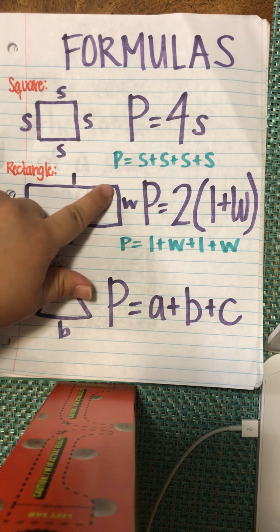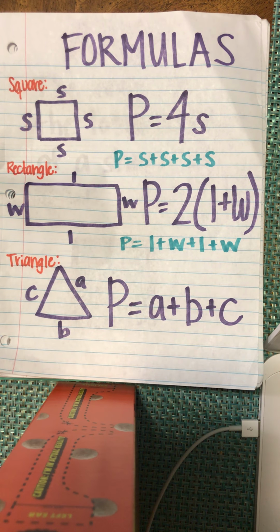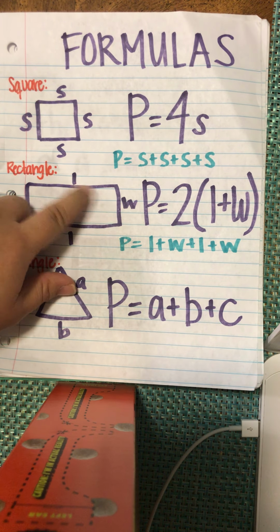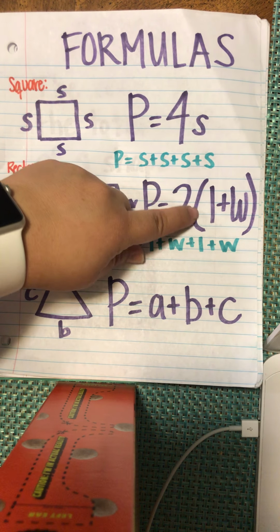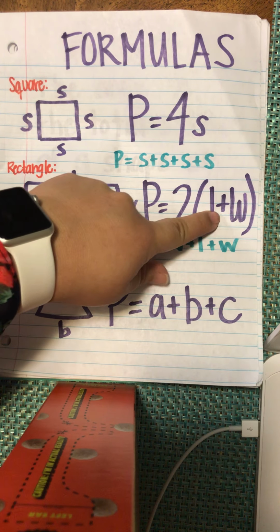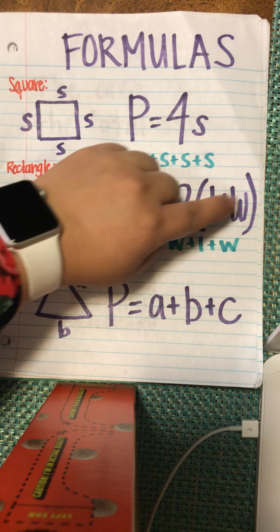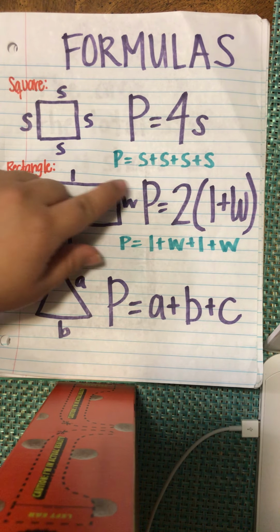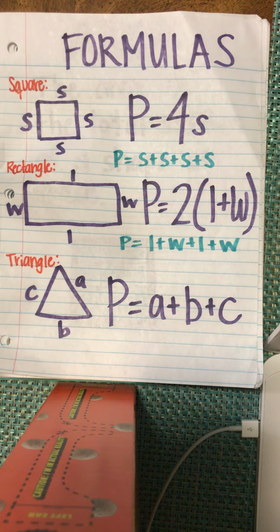Now for a rectangle, it says perimeter equals 2 times the length plus the width. And we have the length here and the width here. And you will find if this L, say the L is a 6 and this W is a 2, you would then have 2 times 6 plus 2, and then you would add your 6 plus a 2, get an 8, and then that's where you would do 2 times 8 to get your answer for the perimeter of a rectangle.